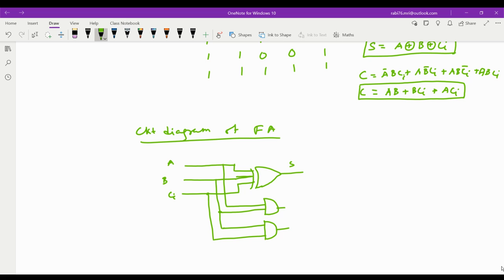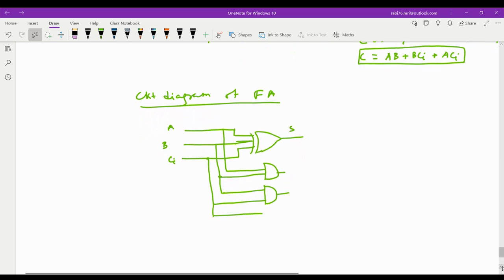Then these two are to be coupled in a three input OR gate, right? Simply it will be a three input OR gate. So this is the carry, right?